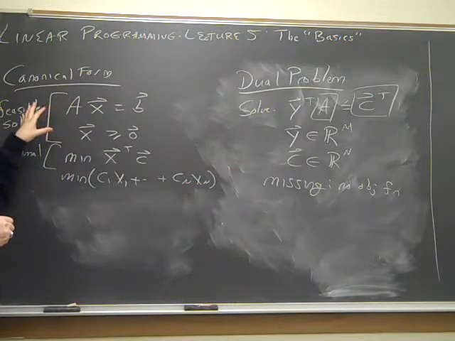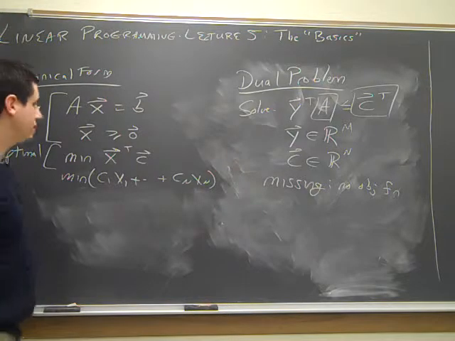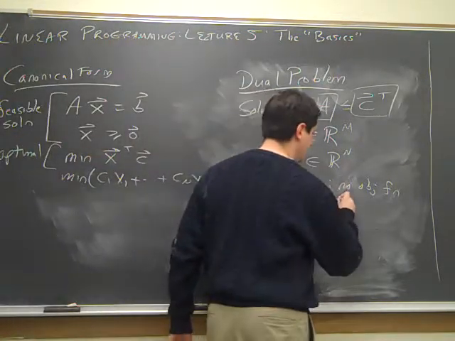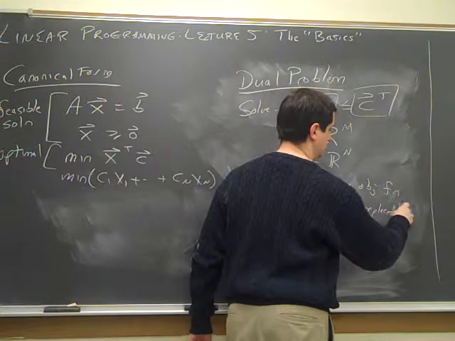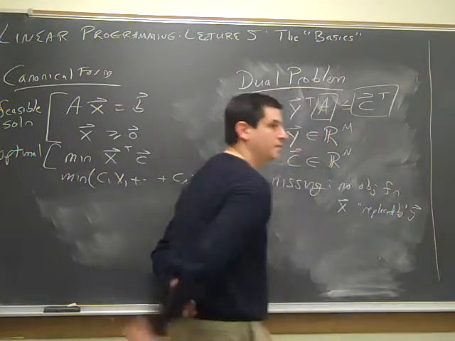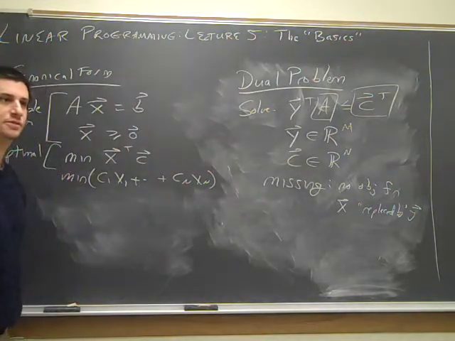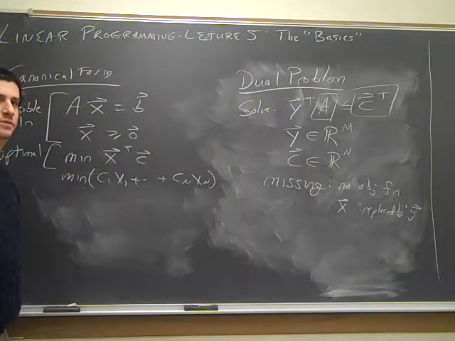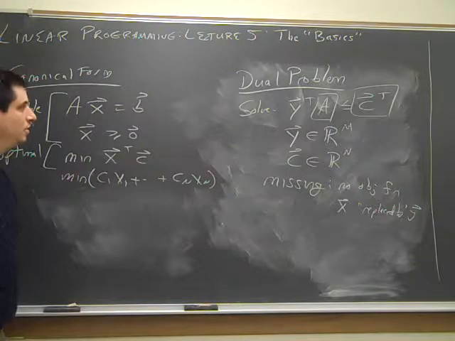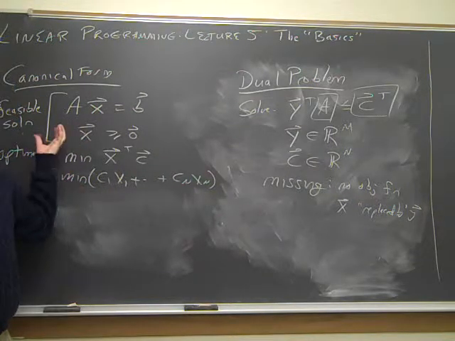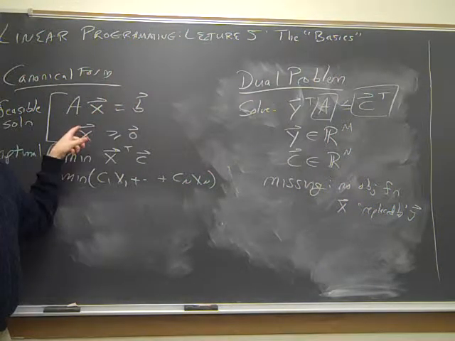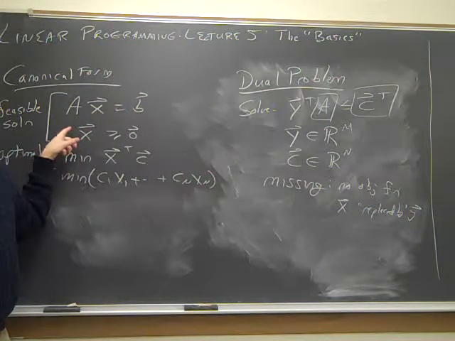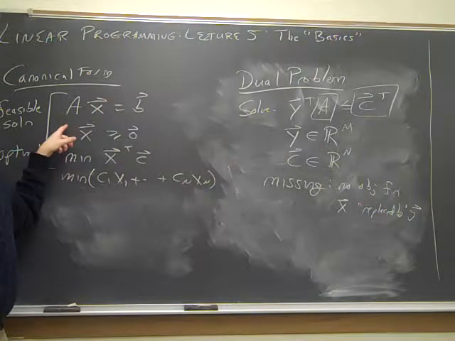x greater than or equal to 0. So x is missing. So x is basically replaced by y. But there's something else, a symbol here that doesn't make it over.